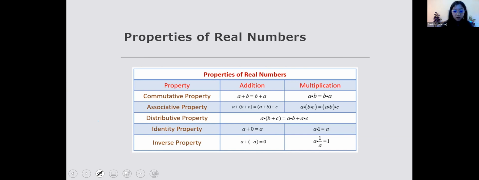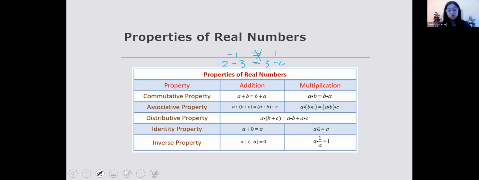It simply will not work because we can do an example. 2 minus 3, is it equal to 3 minus 2? We can see here that 2 minus 3 is negative 1 and 3 minus 2 is 1. So these two are not equal, so you do not use this for subtraction.